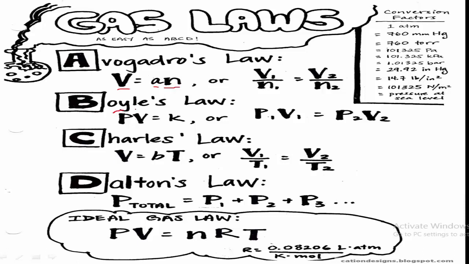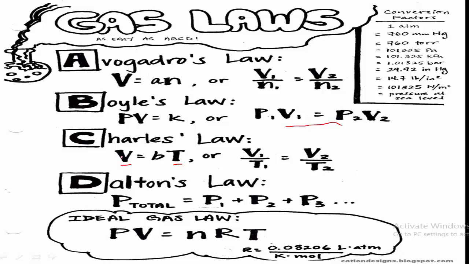Then the second one, Boyle's law. It states that the pressure is inversely proportional to volume. It gives the relationship between pressure and volume, and it is mathematically expressed as PV equals K. When two different conditions are maintained, we write P1V1 equals P2V2. Next is Charles' law, which gives the relationship between volume and temperature, and B is the constant.